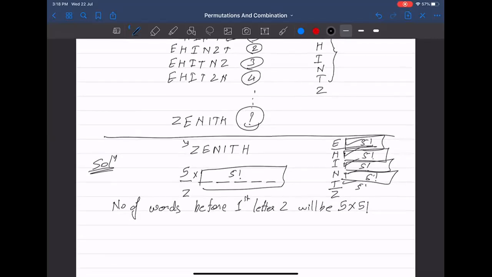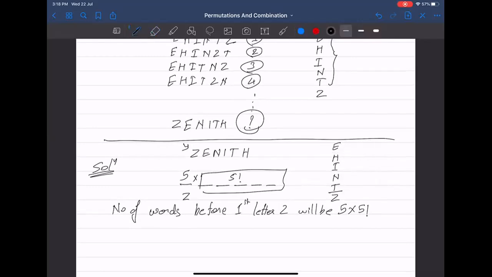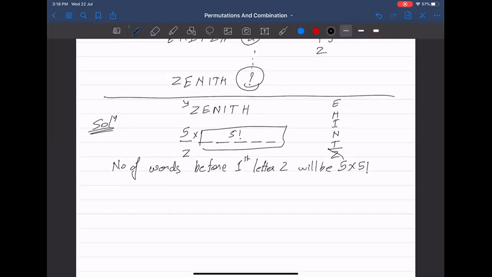Okay. So once you understand this technique, उसके बाद ये Z उड़ा देना. Okay. See, first letter zenith है. तो zenith का फर्स्ट लेटर क्या है? ZENITH है. ठीक है. तो इसके पहले डेफिनेटली E वाली सारी सीरीज आ जाएगी, है ना.